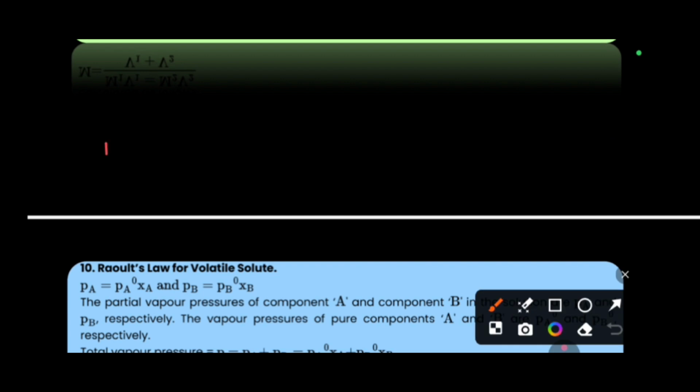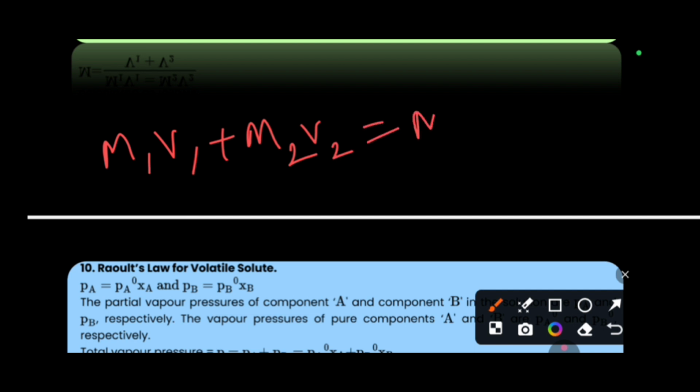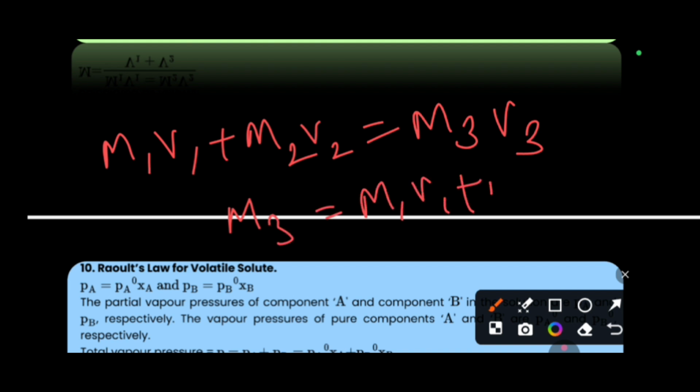Again I will write here M1V1 plus M2V2 is equal to M3V3. So M3 is equal to M1V1 plus M2V2 divided by V3. Here V3 is equal to V1 plus V2.